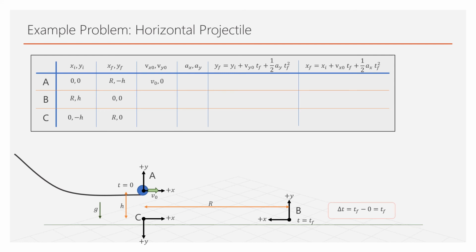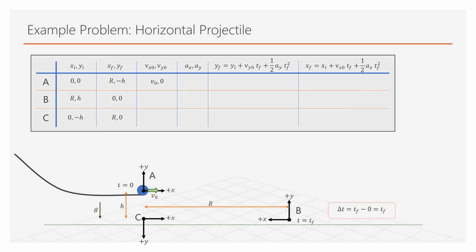We can then find the initial velocity vector according to each of the three coordinate systems. In coordinate system A, motion to the right is positive, and all of the motion is to the right on the horizontal axis. Therefore, the x-coordinate of the velocity is all of the speed, v0, and it must be positive.